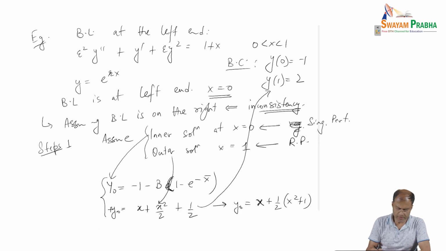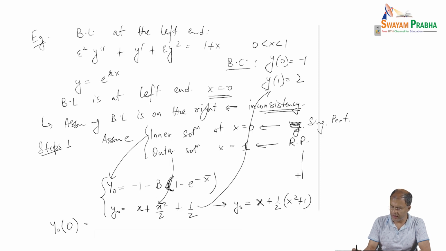So then what we have is, again we need to match the two solutions. The inner solution has to be matched moving towards the right. So this is y naught at 0 has to be matched at infinity.